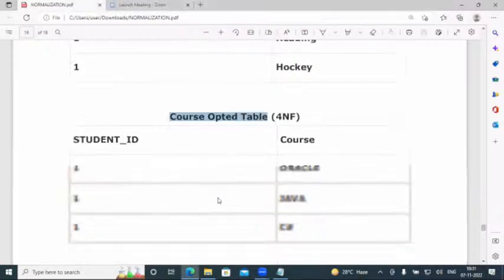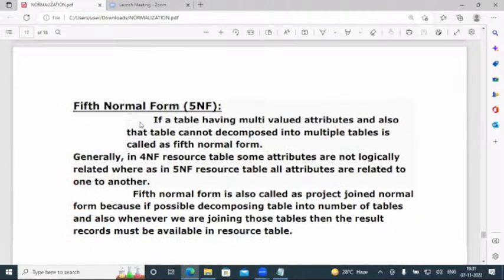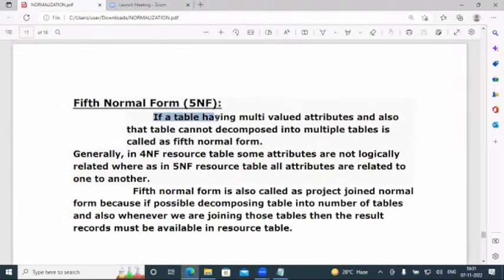Fifth normal form, what does it say here? Observe. If a table has multi-valued columns and also that table cannot be decomposed, and decompose means splitting, dividing, so don't decompose into multiple tables, that is called fifth normal form.